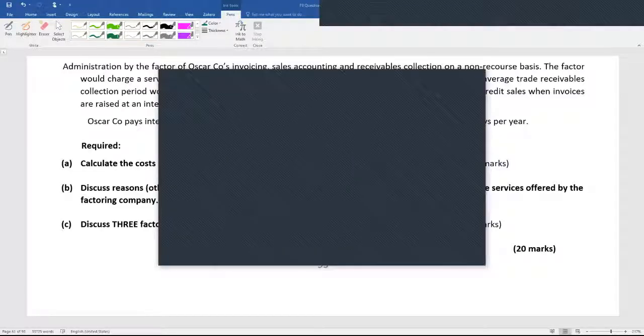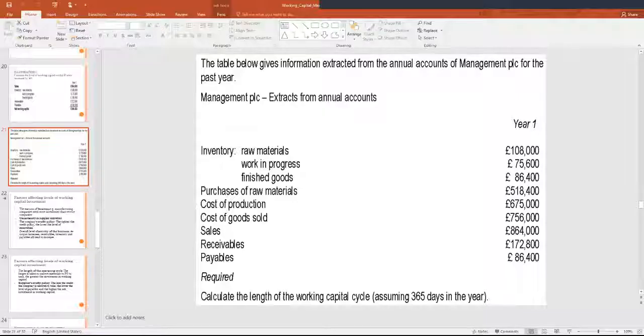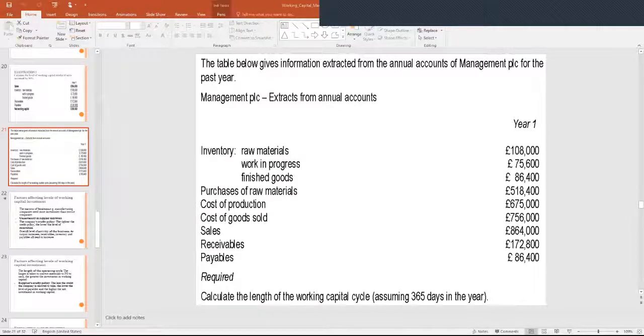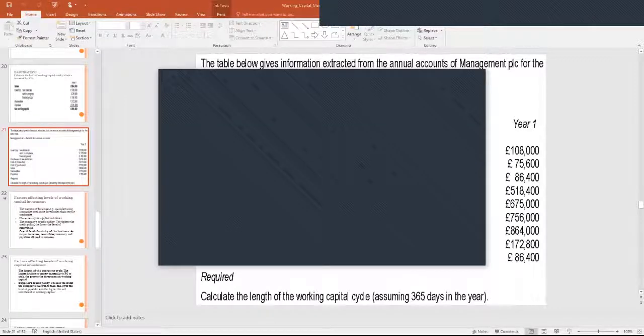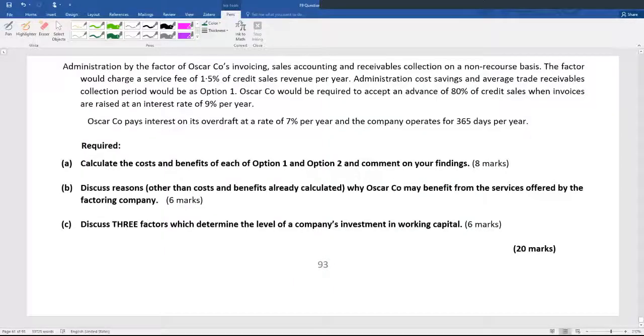Okay, great. So I want us to do a question asking us to do a calculation on the cash conversion cycle. Let me begin from the first page.